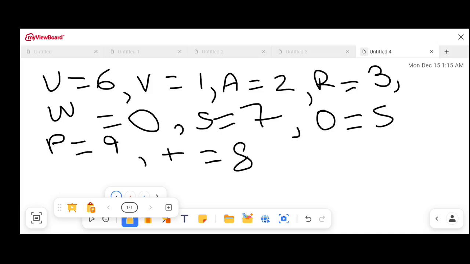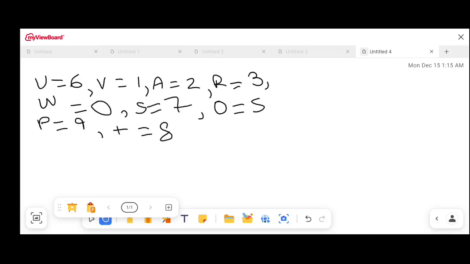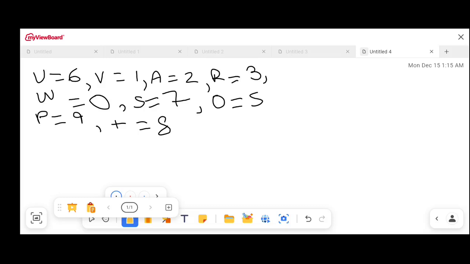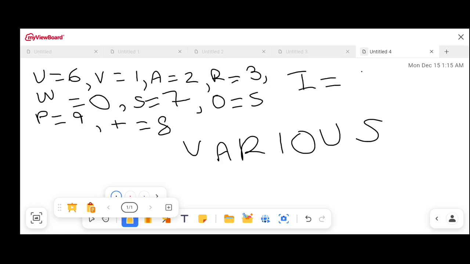So these are the values we got, and we had to tell what was 1, 2, 3, 4, 5, 6, 7. So we can write the letters directly: V, A, R, I, O, U, S. V was 1, A was 2, R was 3, I was 4.